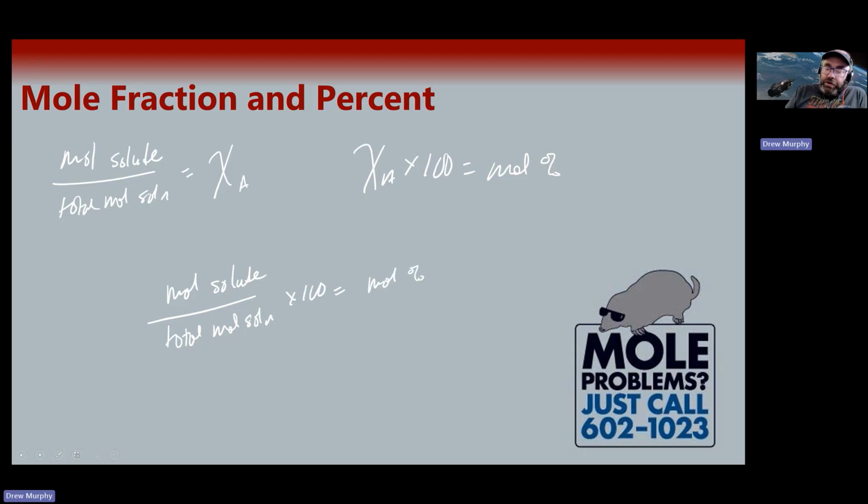Remember, total moles of solution is going to be moles of solute plus moles of solvent. So if we're given grams, liters, milliliters, or pounds, whatever, you have to convert everybody to moles and then do this. Let's take an example here.